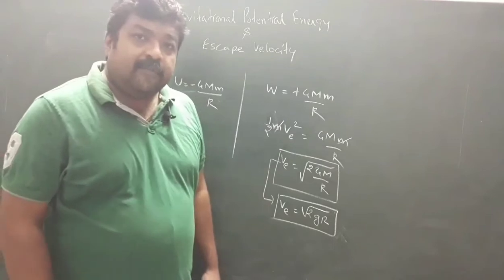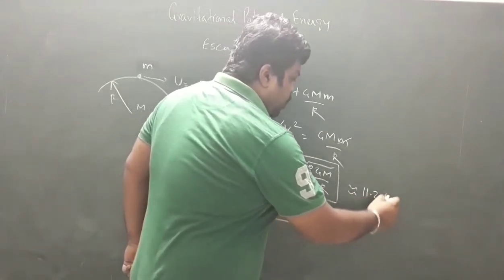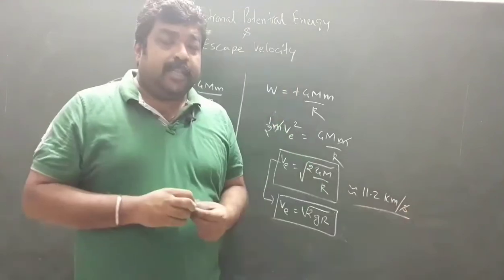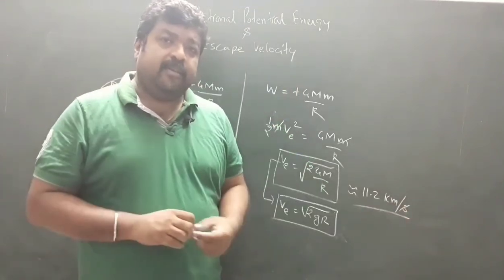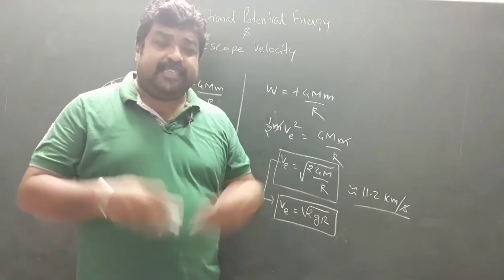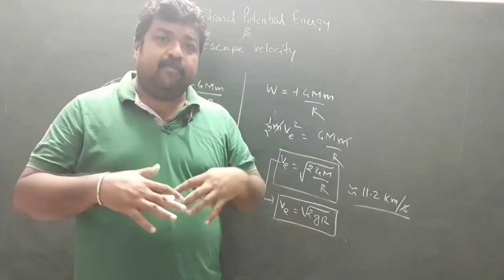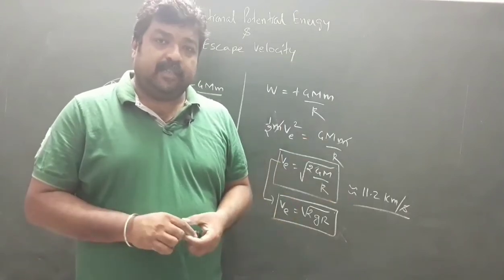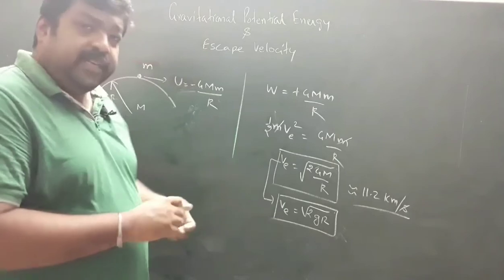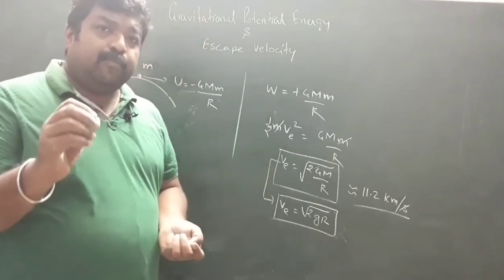The numerical value of this escape velocity for Earth is 11.2 kilometers per second. That means if you throw anything with this velocity, then it will escape from the surface of Earth. That object will go away, it will move out of the gravitational field of Earth. The other interesting thing is that escape velocity is independent of the mass of the projected object.